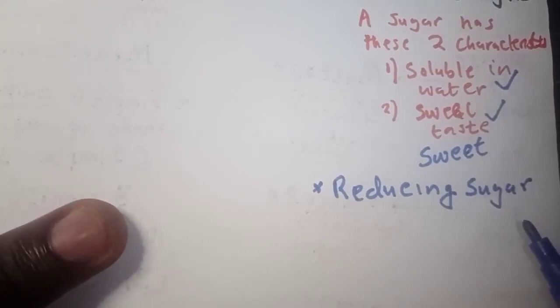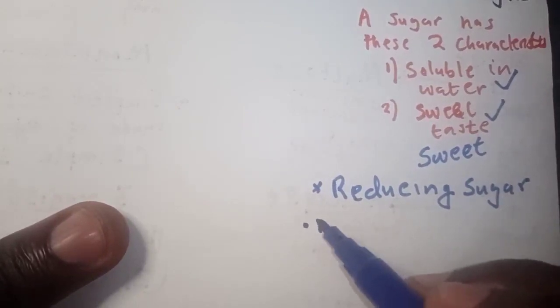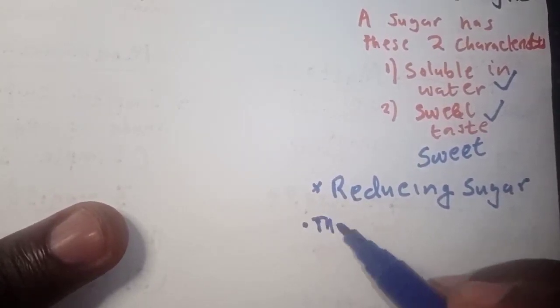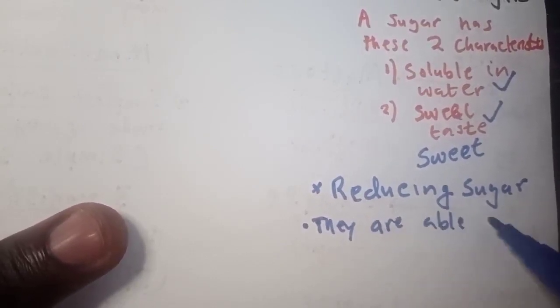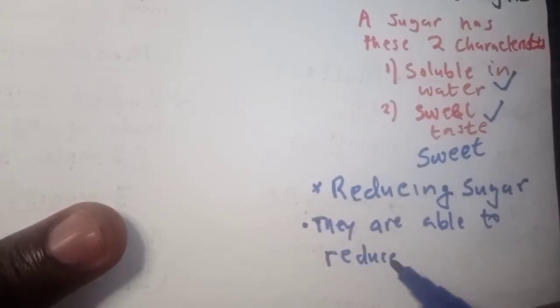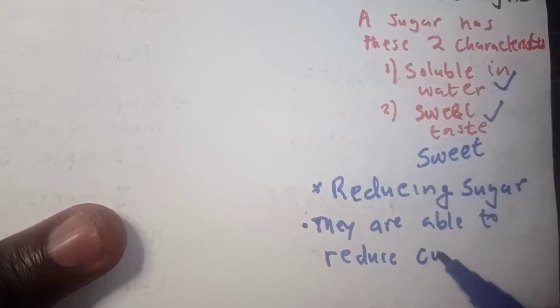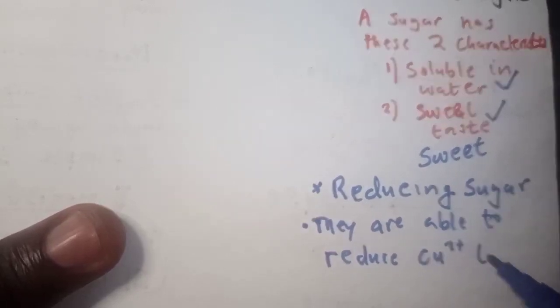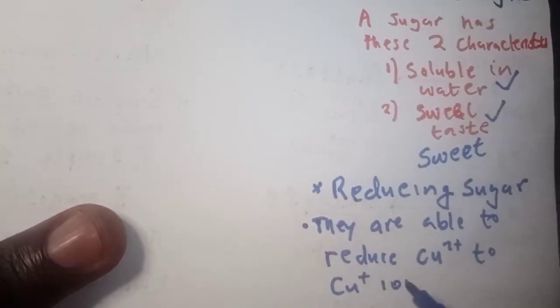Reducing sugars. They are called reducing sugars because they are able to reduce copper 2 ions to copper 1 ion.